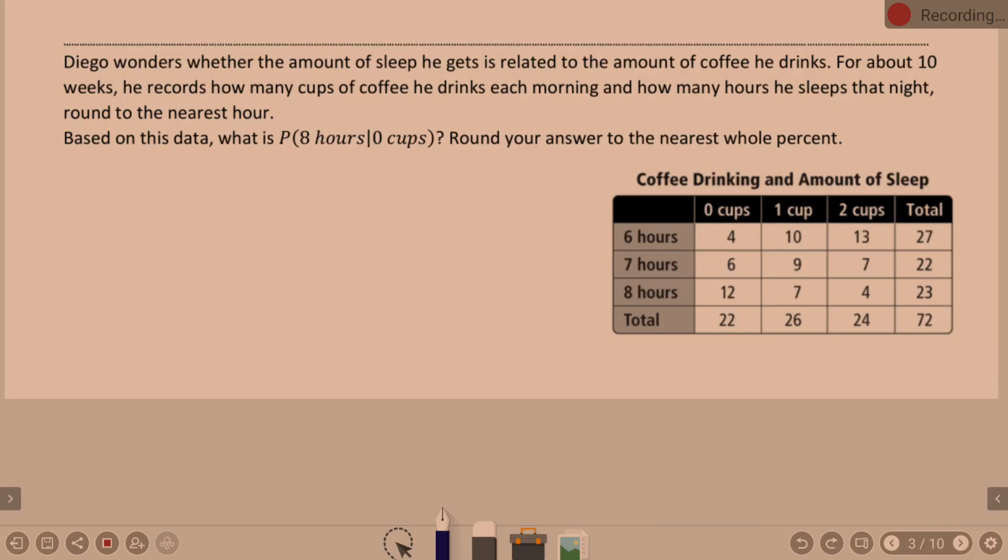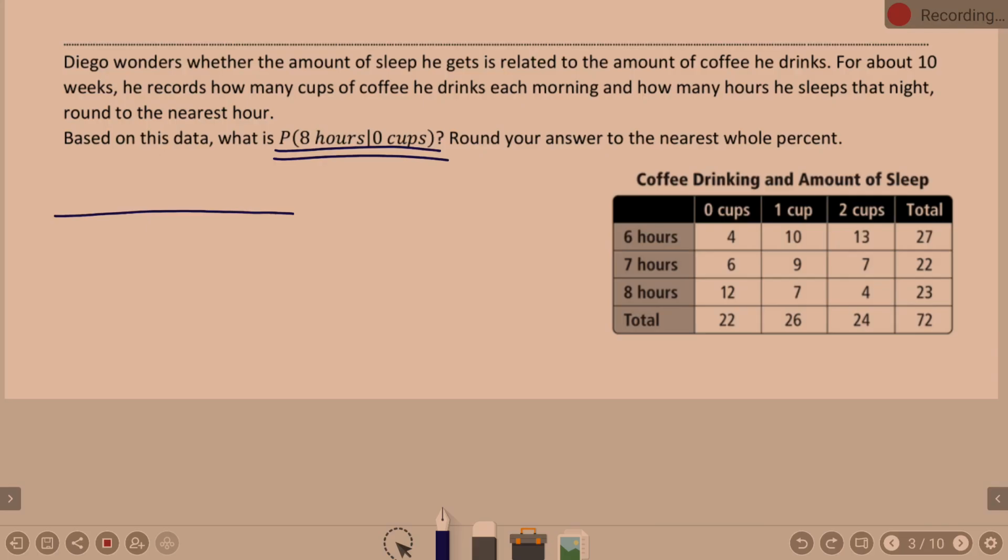Okay, so here's what we are looking at. The probability that he gets 8 hours of sleep given he drinks 0 cups. Okay, conditional probability, yes? What's going to go on top in terms of words right now? 8 hours.